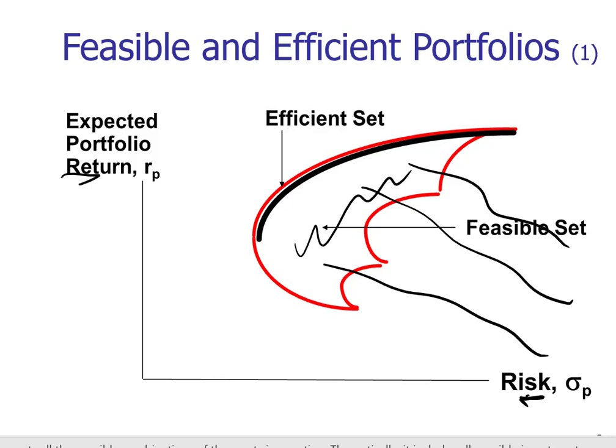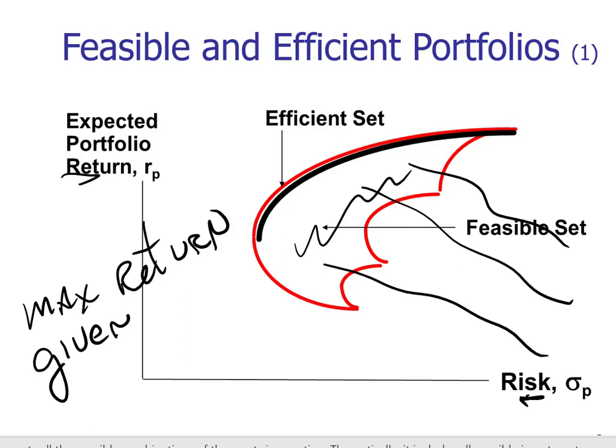So the efficient portfolios are the only portfolios that you would want to invest in. So the question is, why is that true? This set, the efficient set, maximizes return given risk.